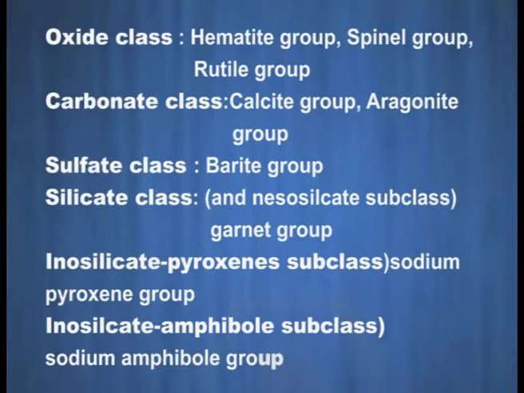In the carbonate class, the calcite group and aragonite group are there. In the sulfate class, barite group minerals are there. In the silicate class and nesosilicate subclass, garnet group minerals are there, in the inosilicate-pyroxene subclass, the sodium pyroxene group is there, and in the inosilicate-amphibole subclass, the sodium amphibole group is there.